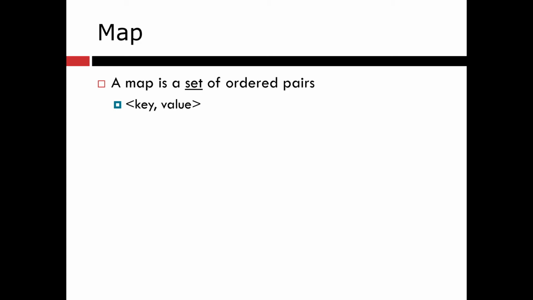They're not necessarily ordered. This is still an associative container as opposed to a sequential or hierarchical container. And our map is a set of ordered pairs. These pairs are going to be connections between some key value, or some first value, and then some second piece of data, some other value.